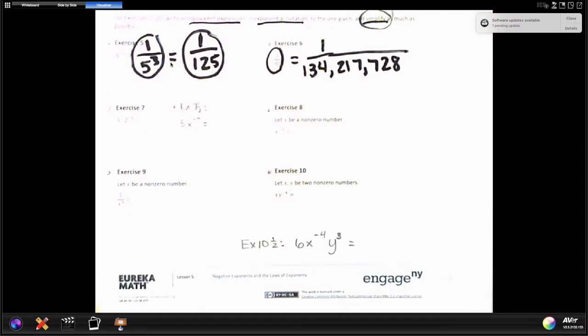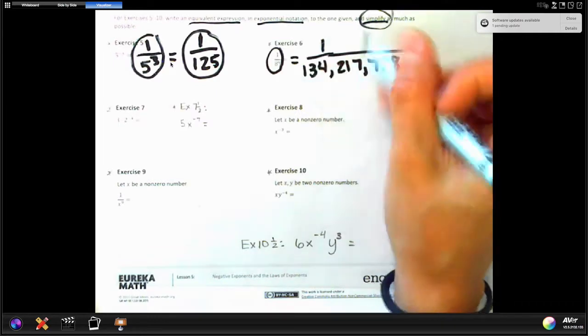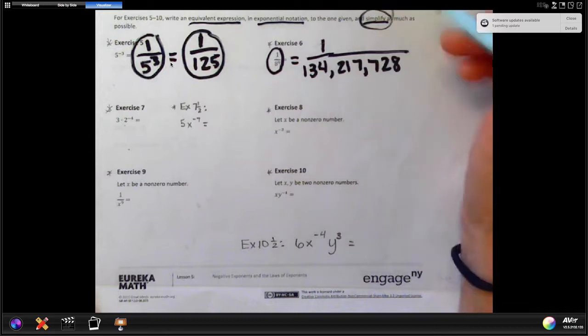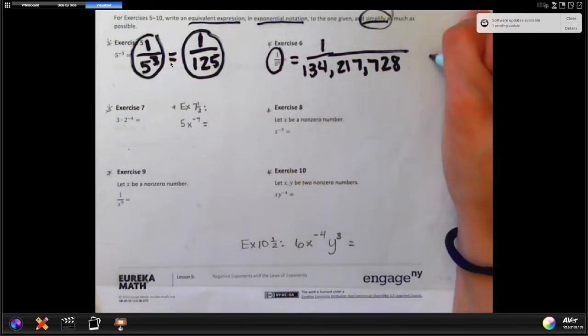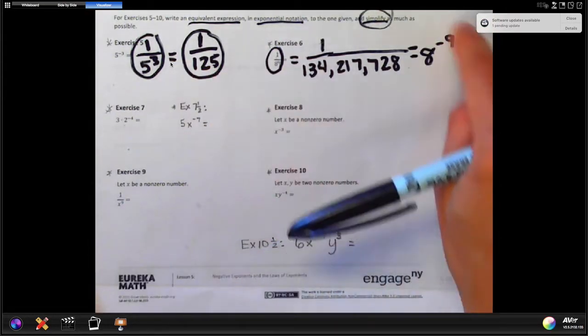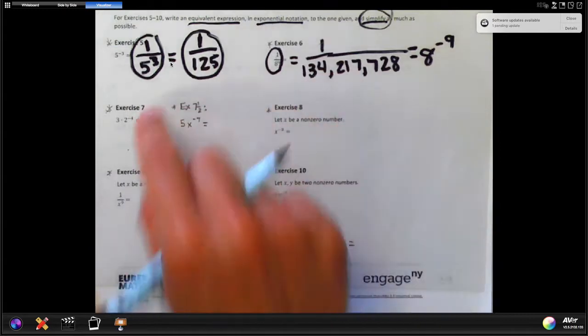So that is a really small number, 1 over 8 to the ninth. If we wanted that in an equivalent form as a negative, it would be 8 to the negative 9 power.